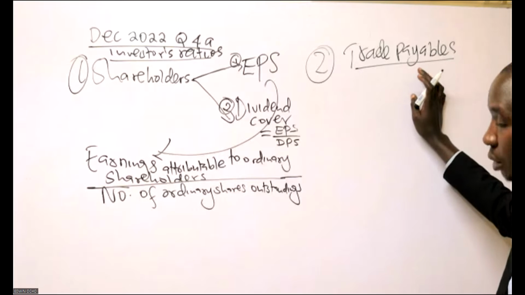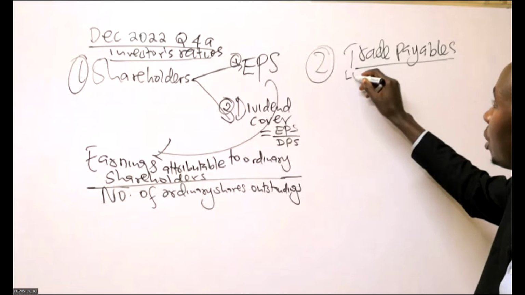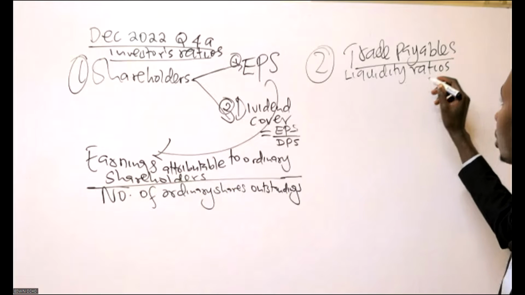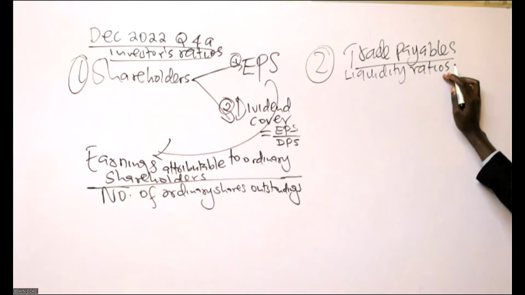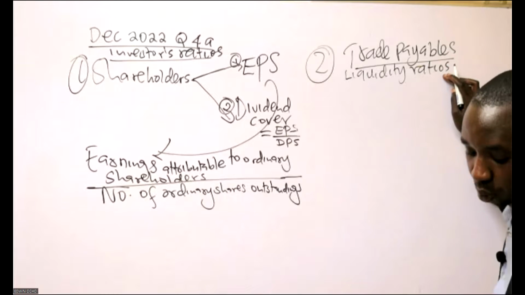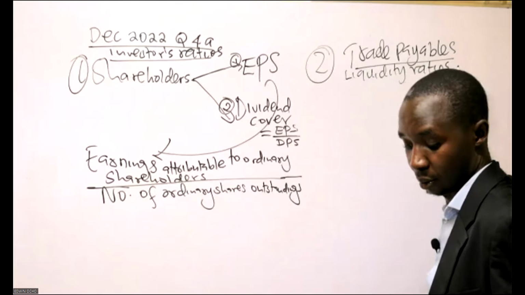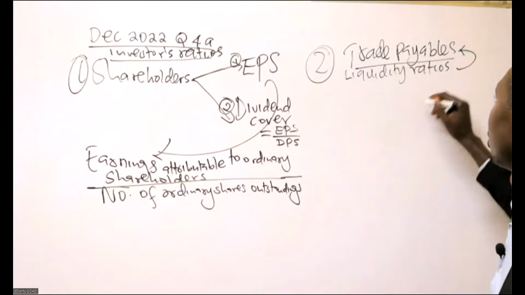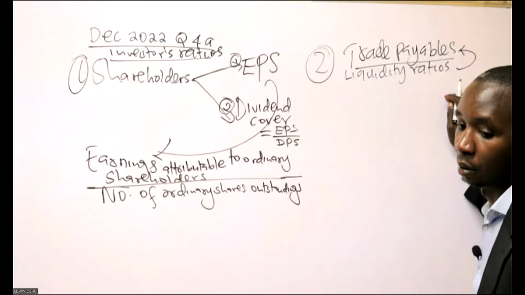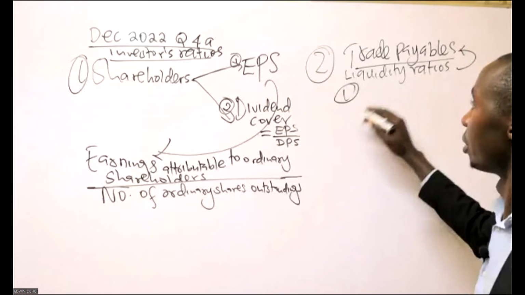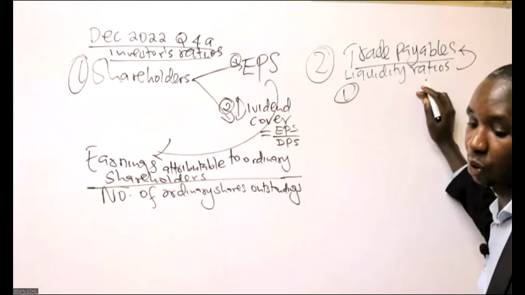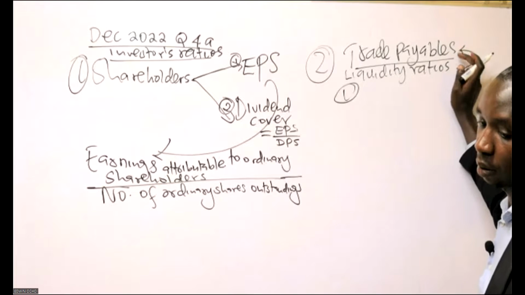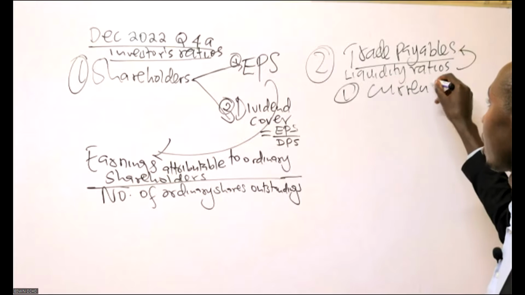Here we mostly focus on the liquidity ratios, because those are the ones which show that the company has the ability to meet its short-term obligations. Are we capable to pay these people? Are we liquid? So like number one, we have which ratio which shows that we are liquid in paying these people? Current ratio. This is where the current ratio comes in.